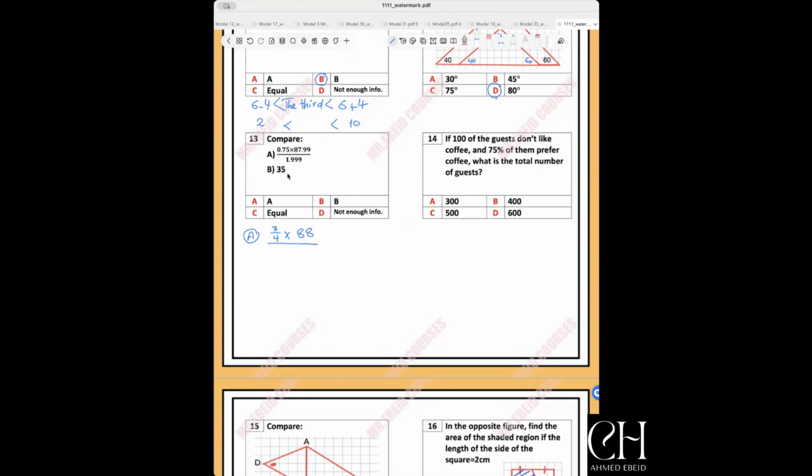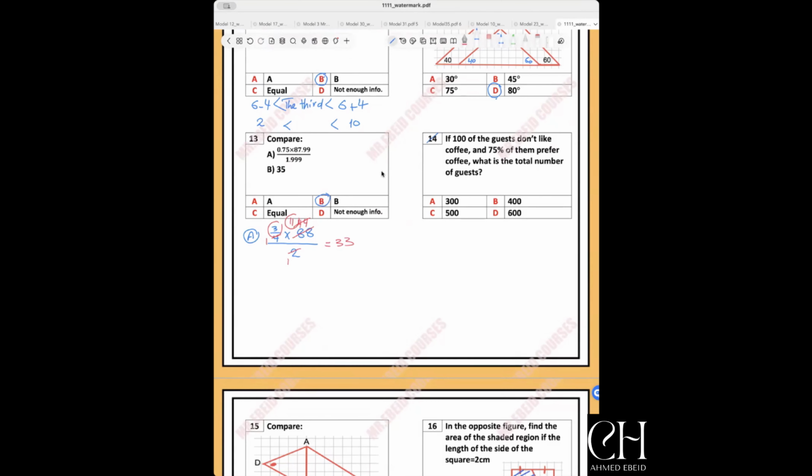You can also round the denominator, 1.999, to 2. Then you can simplify. Divide by 2: 2 becomes 1, and 88 becomes 44. Also divide by 4: 4 becomes 1, and 44 becomes 11. So it's 3 times 11, which equals 33. Now we have A is 33 and B is 35. It means B is greater.